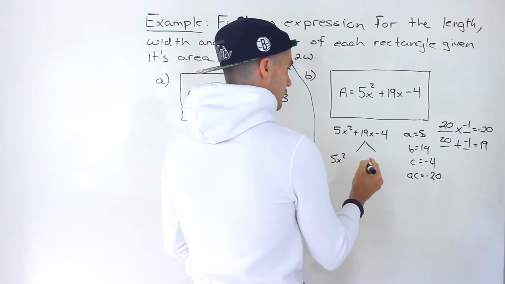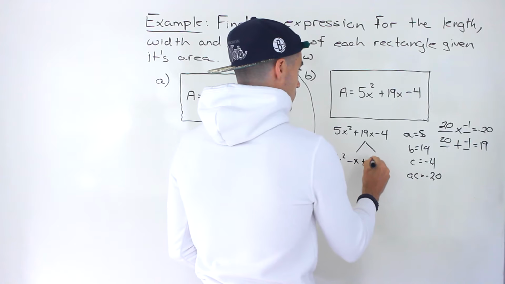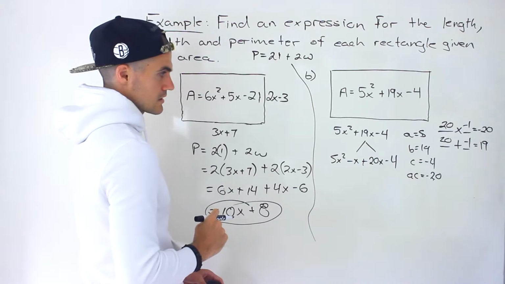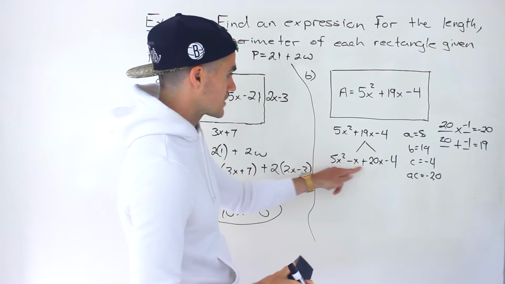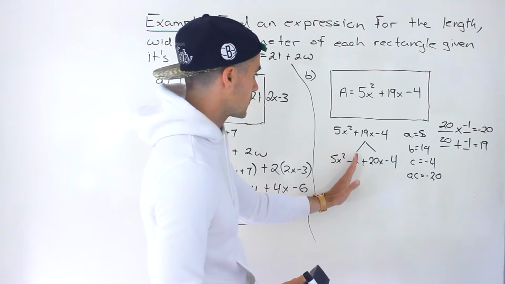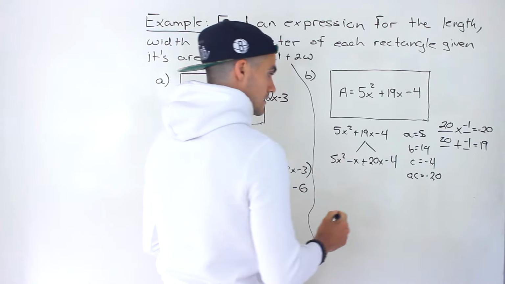Let's put the negative first now. So we'll put minus x plus 20x like that, right? Negative 1x plus 20x gives us positive 19x. Again, you could put the 20 here and the negative 1 there. Doesn't matter, you should get the same answer in the end.